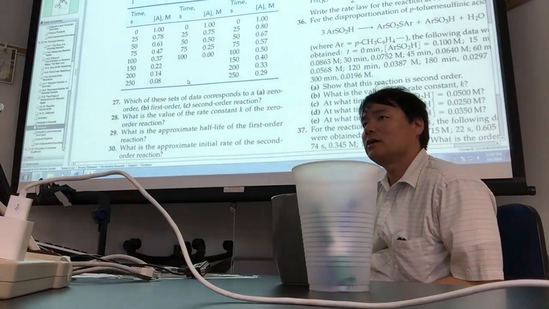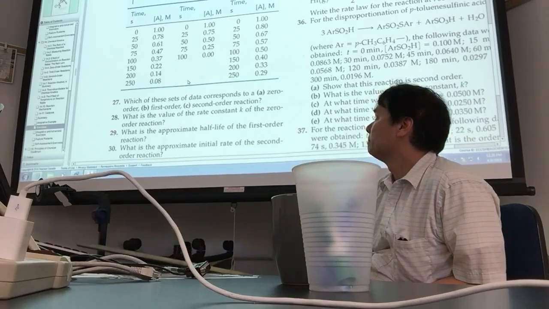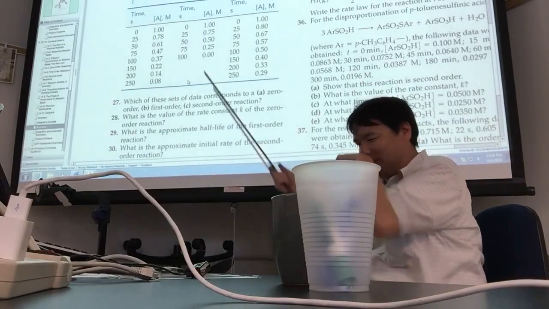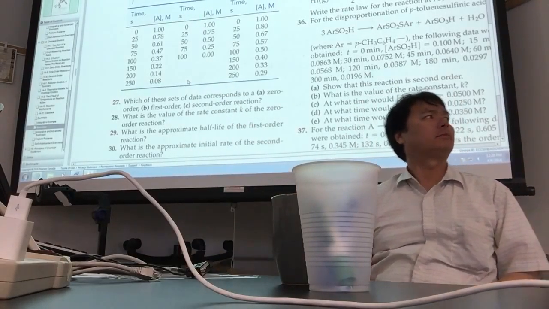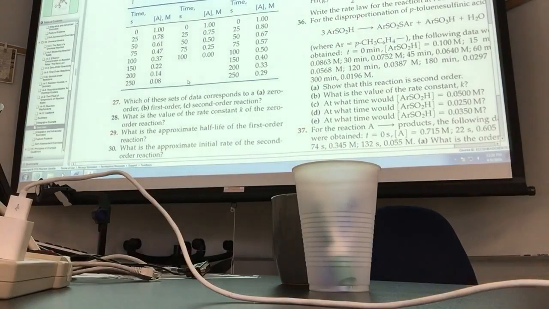The half-lives are getting shorter. Right? For zero order, we can have complete reaction. Zero order, boom, at this time it's done. But for first order and second order, how long would it take to have 100% reaction?